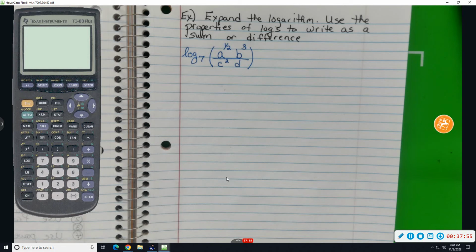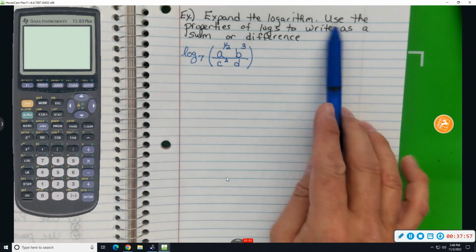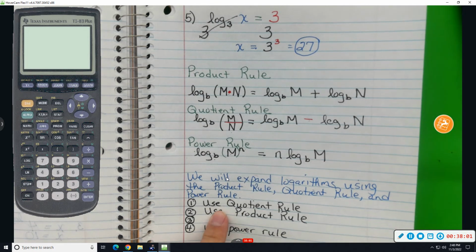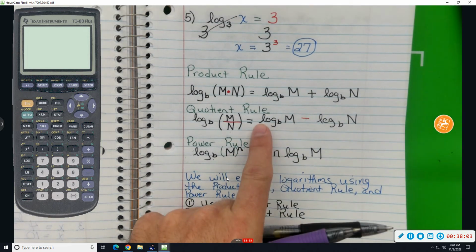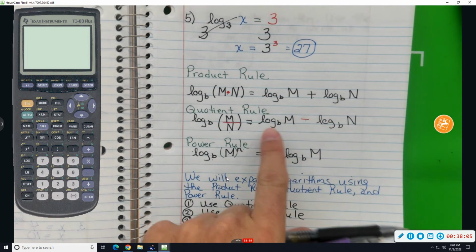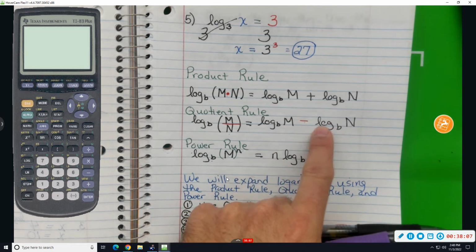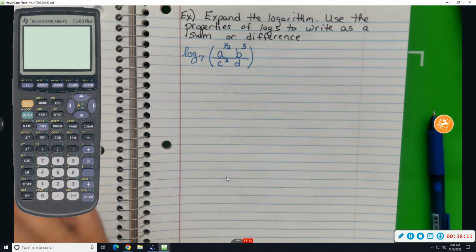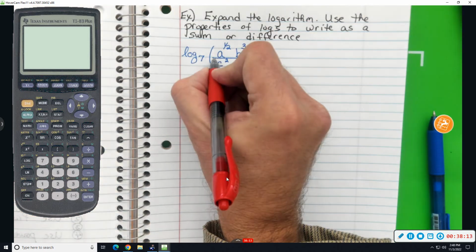The order in which we do this, we start off with the quotient rule. The quotient rule says you can break it up as top and bottom. Log top minus log bottom. So this is the quotient rule I'm doing right now.